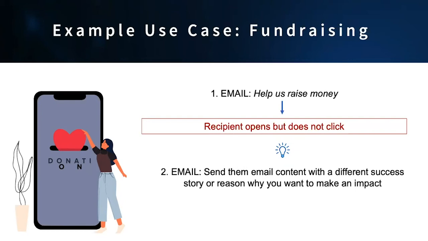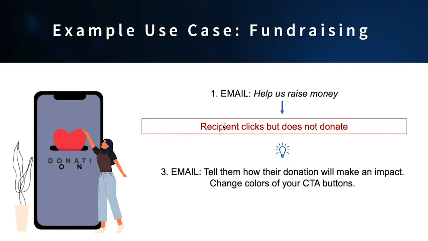And then third, if a recipient clicks but doesn't donate, so they don't complete the goal of the campaign, which is having them donate, maybe you want to change the content again, and tell them how much their donation will make an impact.